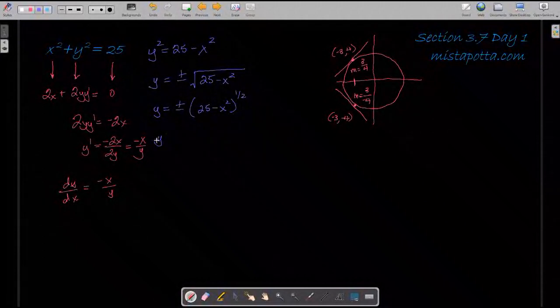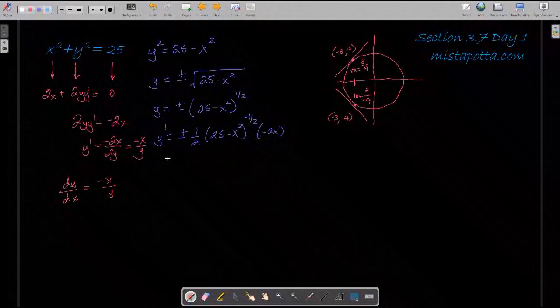And so my derivative in this case would be plus or minus 1/2 times 25 minus x squared to the negative 1/2 times the derivative of what's inside, the derivative of u, which in this case is negative 2x.